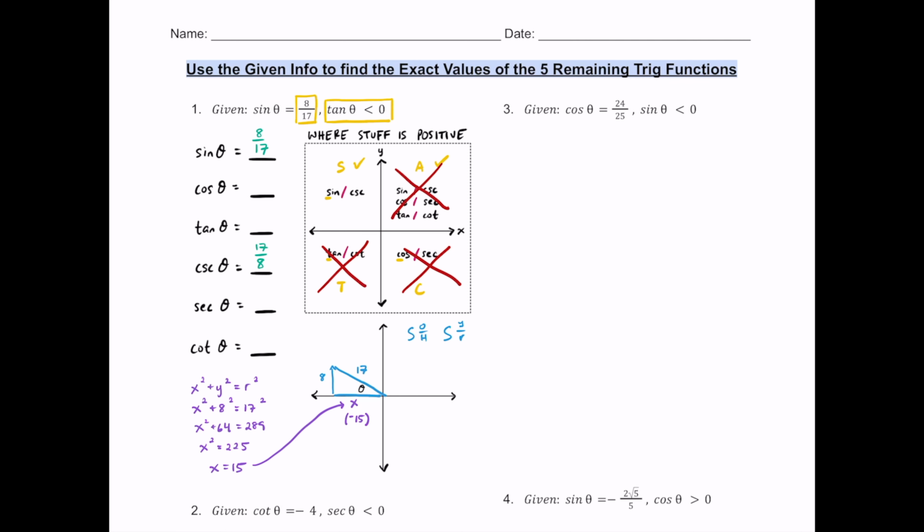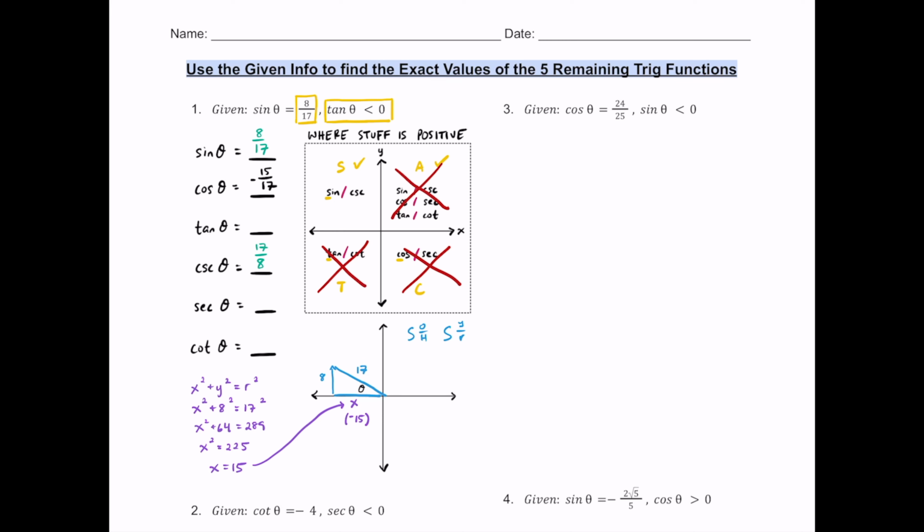Okay. Now we go ahead and use that information for cosine. Cosine of theta is going to be what? Adjacent over hypotenuse. So here's the adjacent side of negative 15 over the hypotenuse of 17. So it's going to be negative 15 over positive 17, or also known as x over r. So we'll go ahead and write negative 15 over 17.